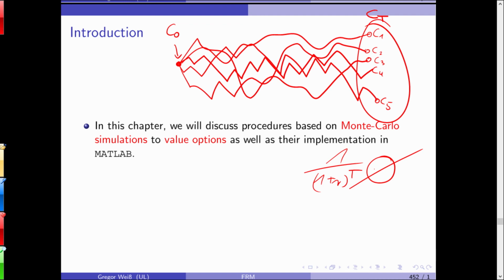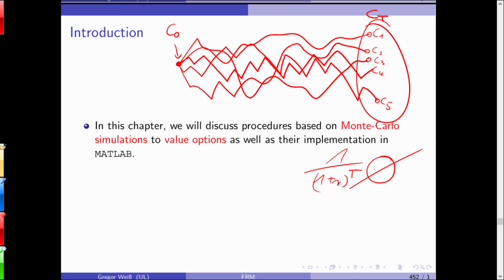But when and why do you need Monte Carlo simulation? Maybe for options that are so complex that you cannot calculate them properly with Black-Scholes? Yeah. Every time you don't have an analytical solution to the Black-Scholes differential equation, that is, you don't have a Black-Scholes formula, you do Monte Carlo simulation.